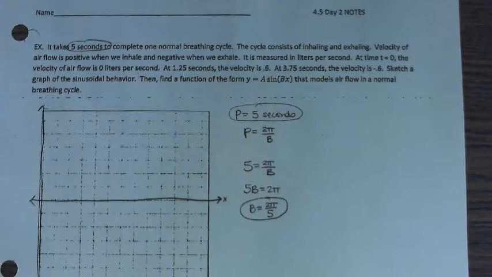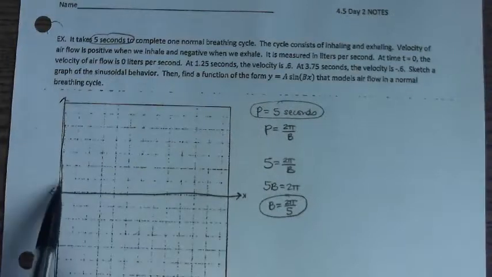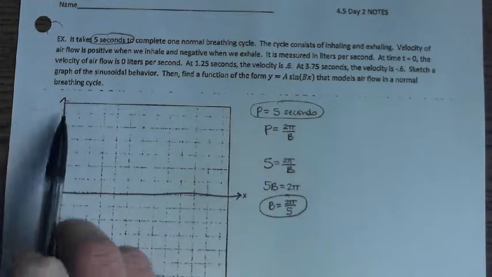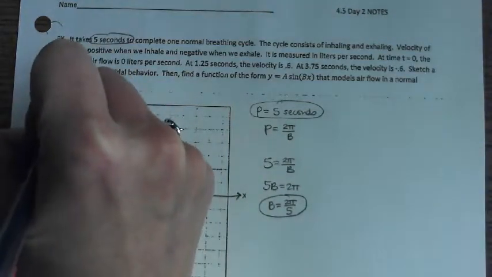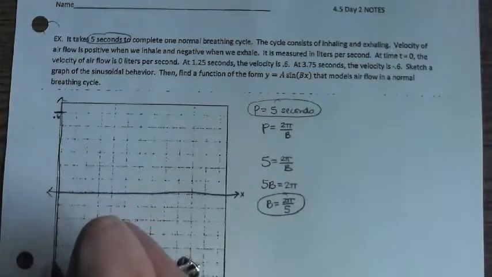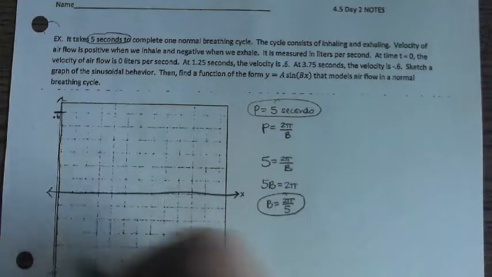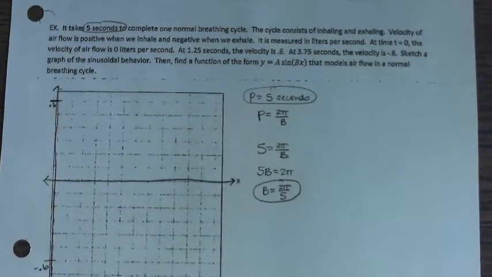And it looks like I'm oscillating between positive 0.6 and negative 0.6. So can I count by 0.1s? 0.1, 0.2, 0.3, 0.4, 0.5, 0.6. I can. So this is 0.6. This is negative 0.6. I'm going to label my y-axis, what?